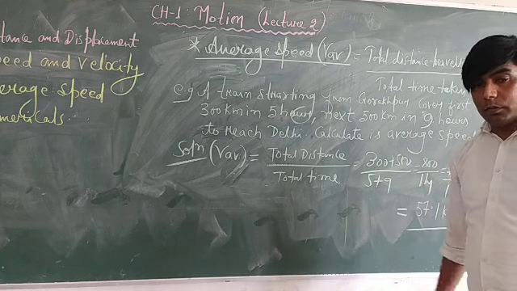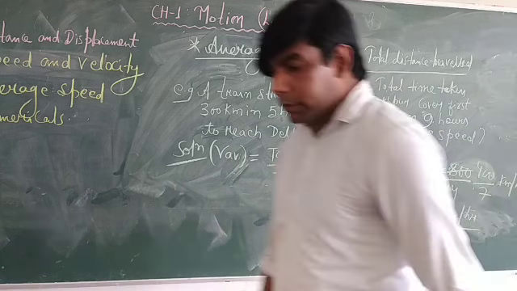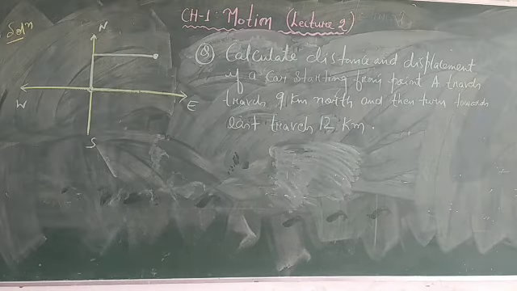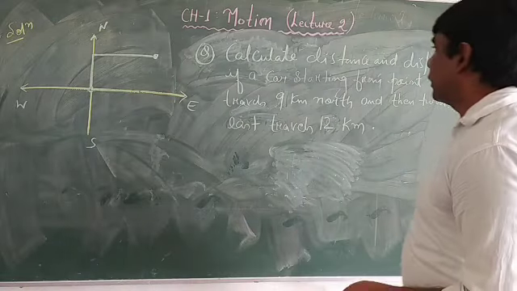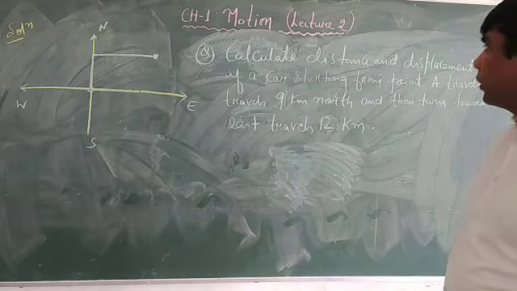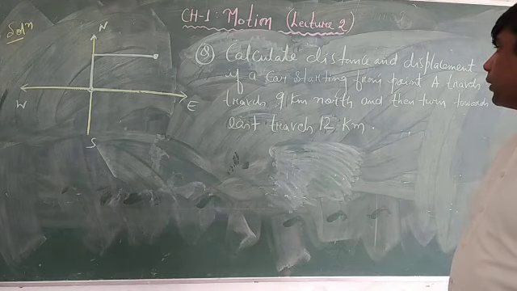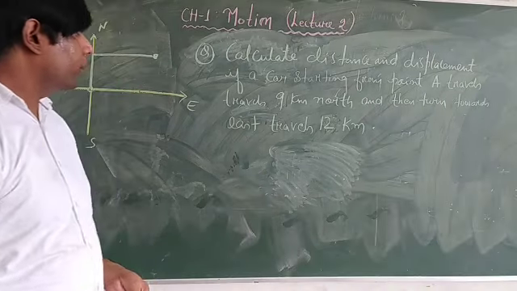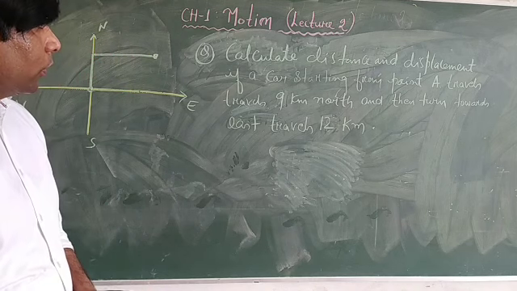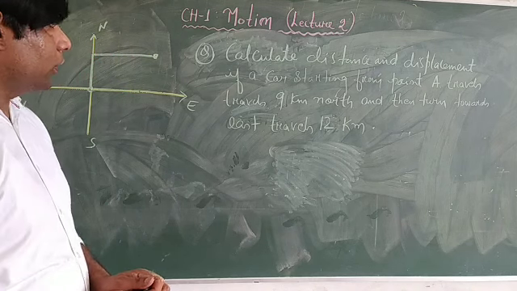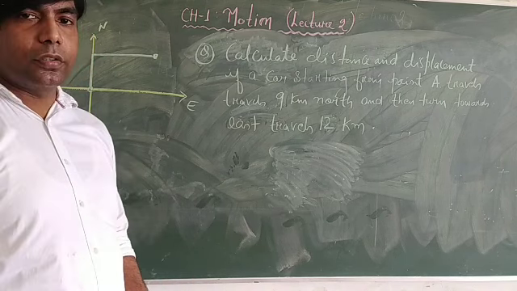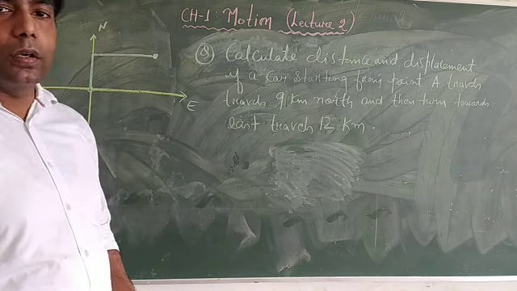We will see one more numerical. Next question: calculate distance and displacement if a car starts from a point A, travels 9 km north and then turns east and travels 12 km.